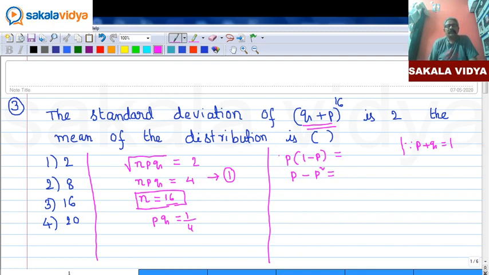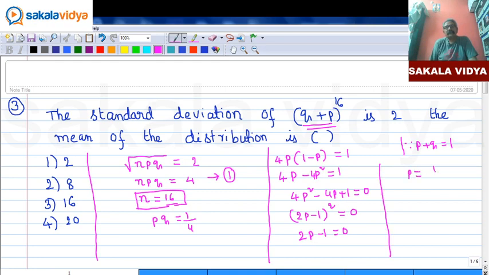So that means 4p into 1 minus p is equal to 1. 4p minus 4p square is equal to 1. 4p square minus 4p plus 1 equals 0. So this is a perfect square. We can write (2p minus 1) whole square is equal to 0. So 2p minus 1 is equal to 0, so p equals 1 by 2.